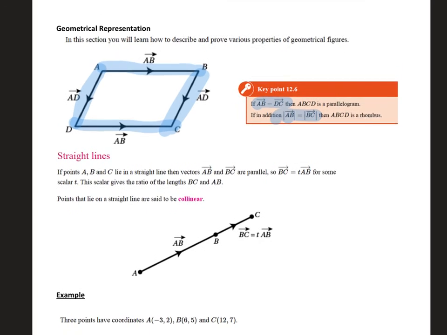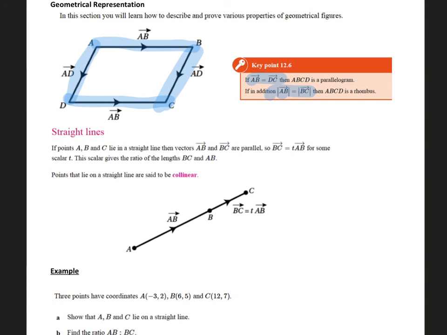Okay, now straight lines. If I have 3 points on a straight line, A, B, and C, then the vector AB and the vector BC must be parallel.